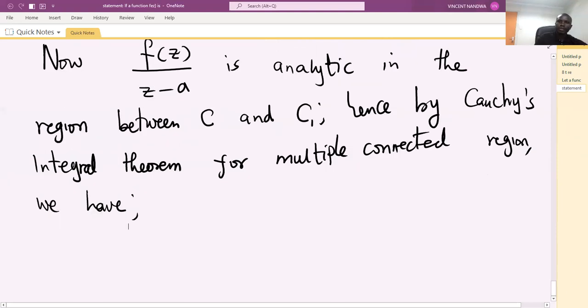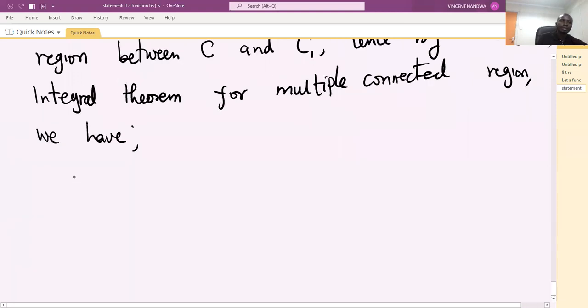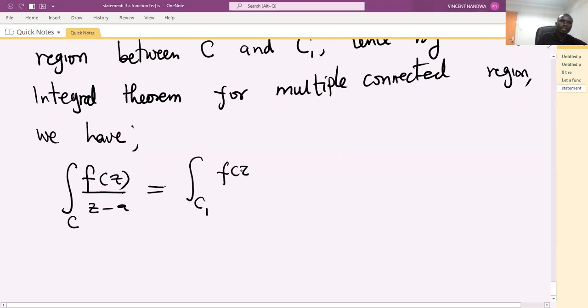this integral of this analytic function f of Z over Z minus A along C will be given by the integral along C1 of f of Z over Z minus A dz.